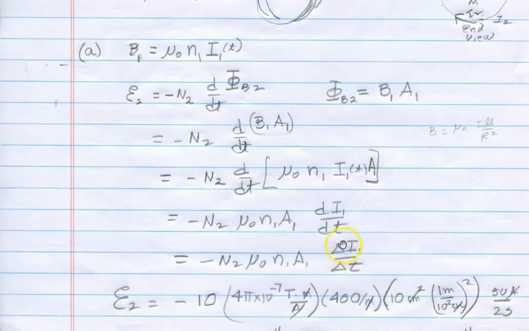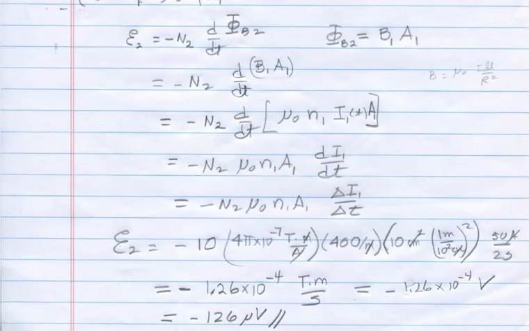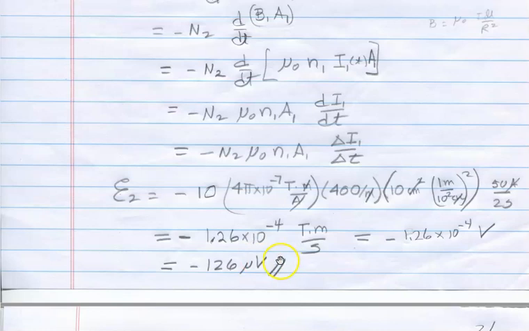And then the current goes from 0 to 50, so the change is 50 amps, and it does that in 2 seconds. And if you multiply all of that up, I got this number here. I kept the minus sign in this. It's not real relevant in this particular problem.